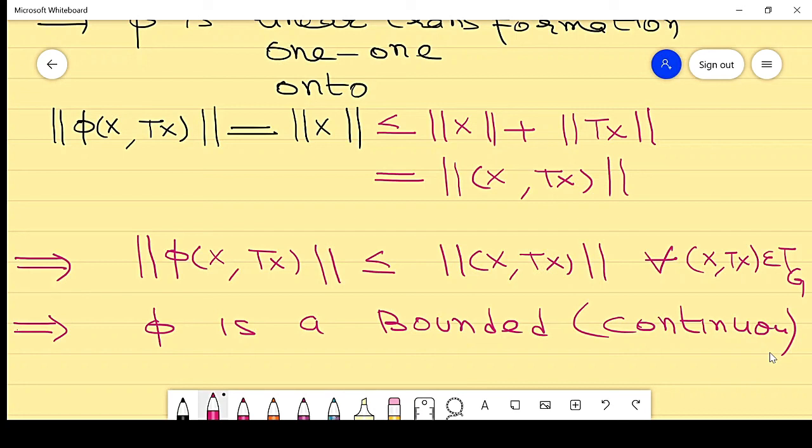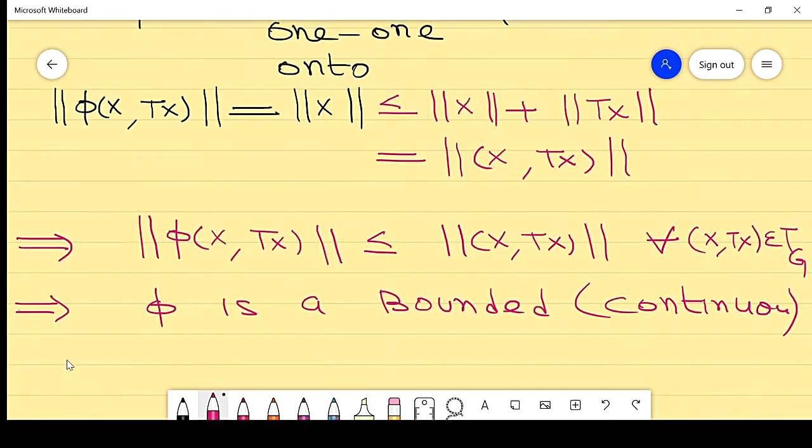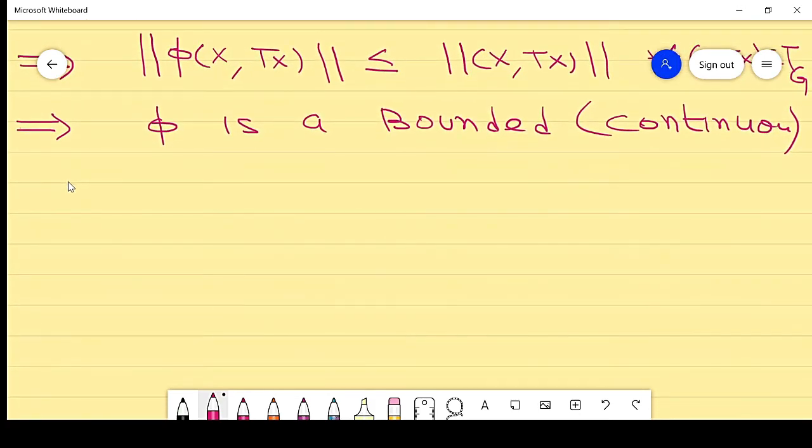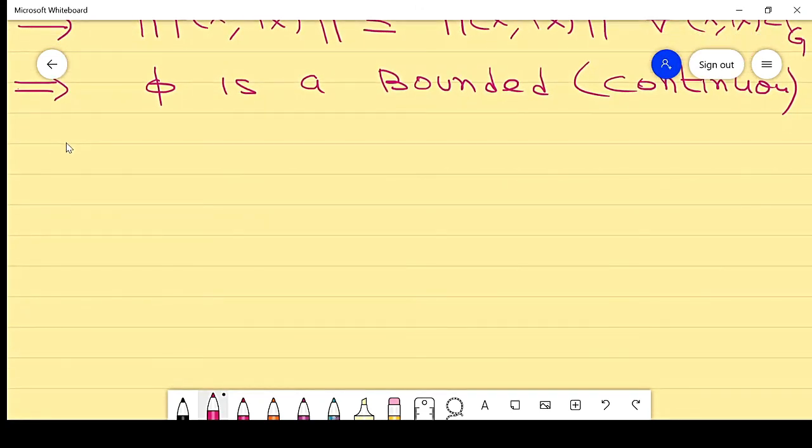Now, in this case, we proved that phi is a bounded linear operator. Now, since it is 1-1 and onto, its inverse exists. So here phi is from Tg to B. So it is invertible.